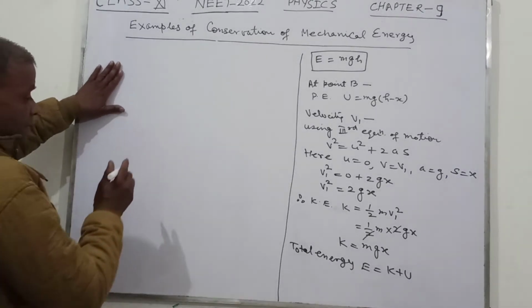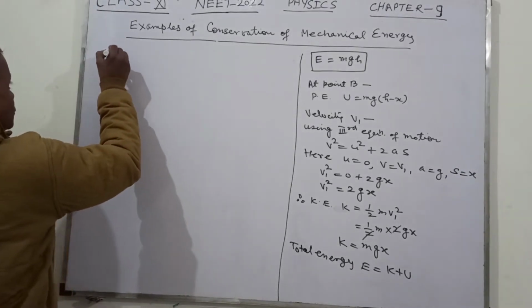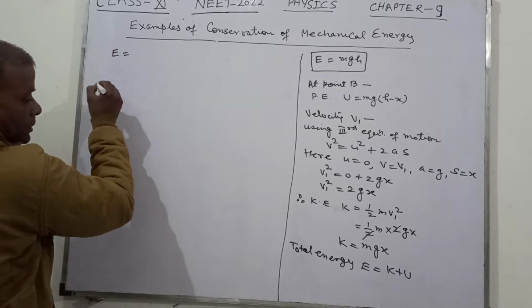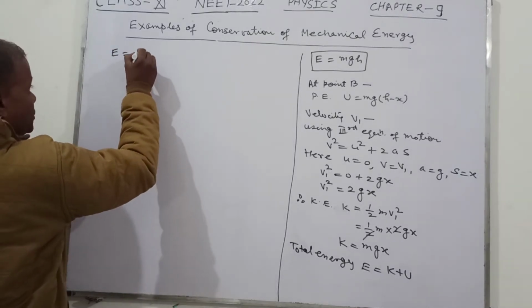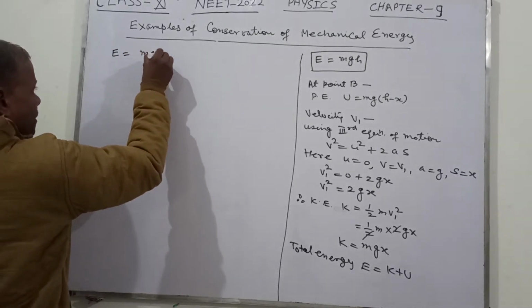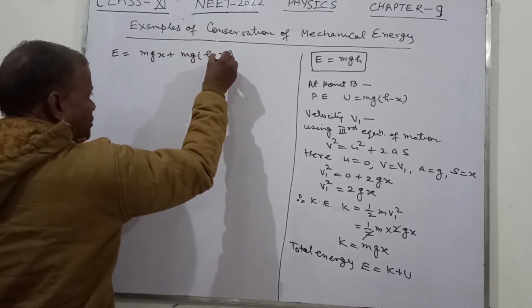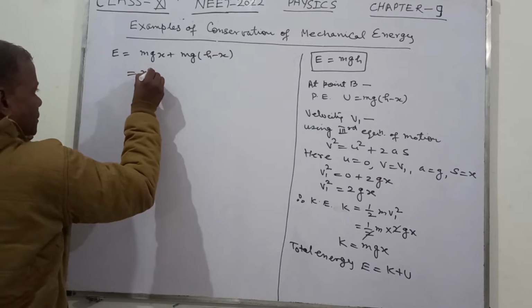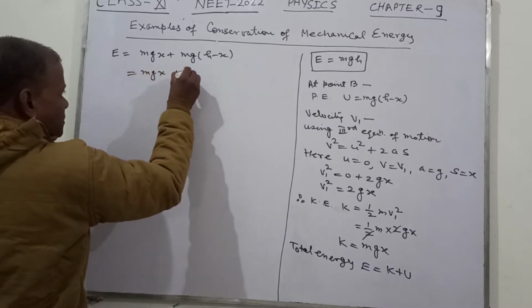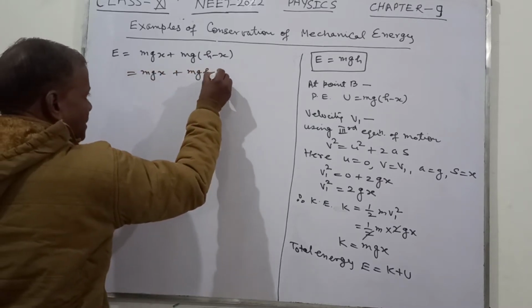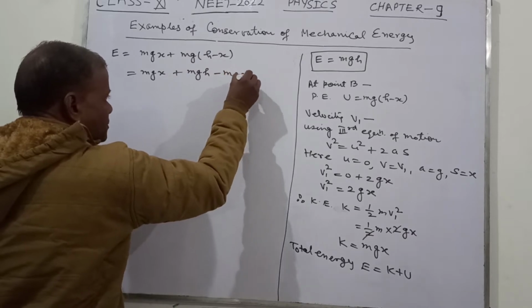So now you can see that this E equal to mgx plus mgh minus mgx.